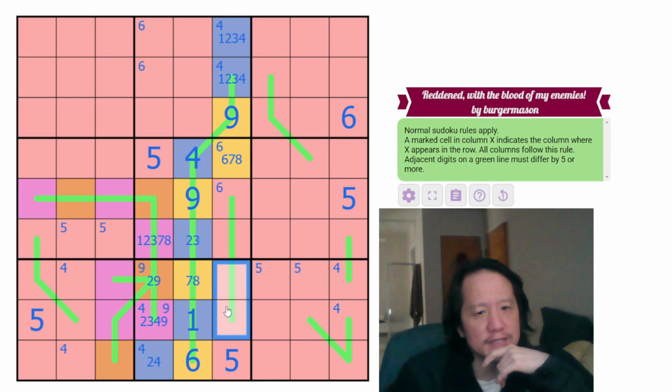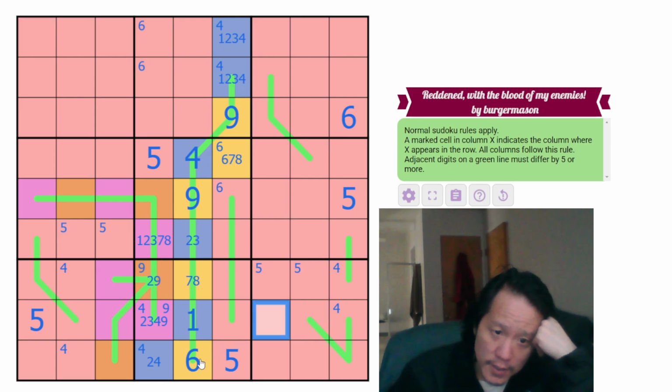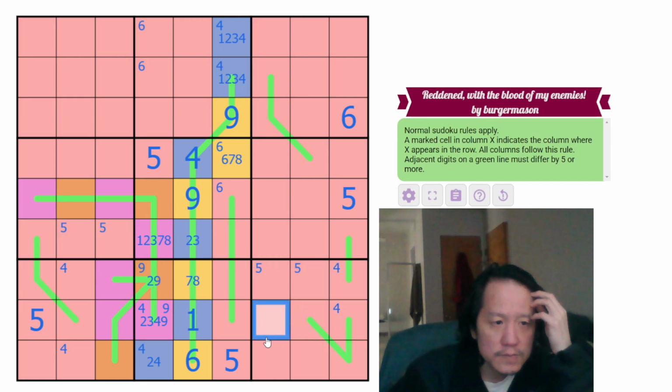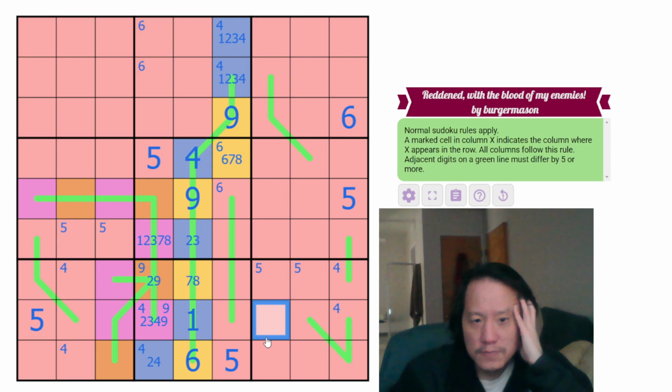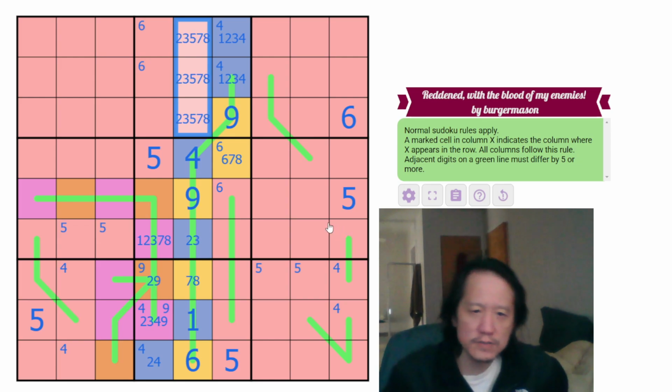So one of these has to be 7 or 8, which means 6 has to be one of these 4 cells, which we already knew. This can't be 6, this can't be 6. We know this has to be 2, 3, 5, or 7, 8.